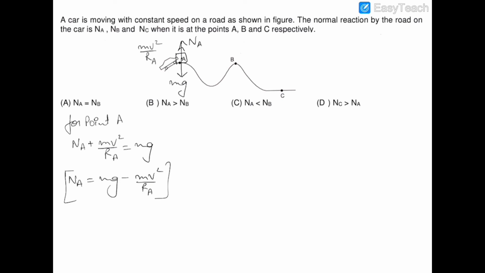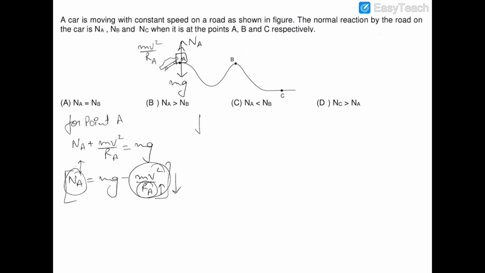Now if we see the relationship of NA and R, then we can say that if RA increases, then this mv square by R will decrease, and if this will decrease, NA will increase. So I can say that on increasing the radius of the curvature, the normal reaction will increase.